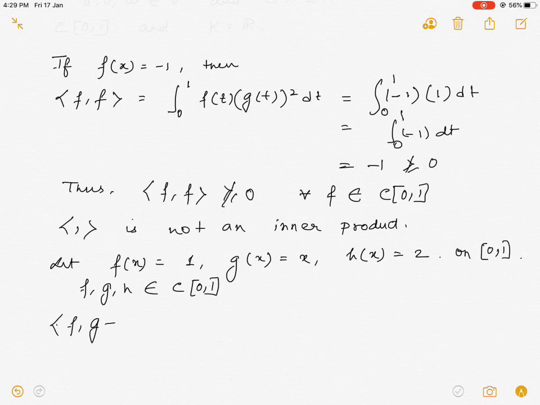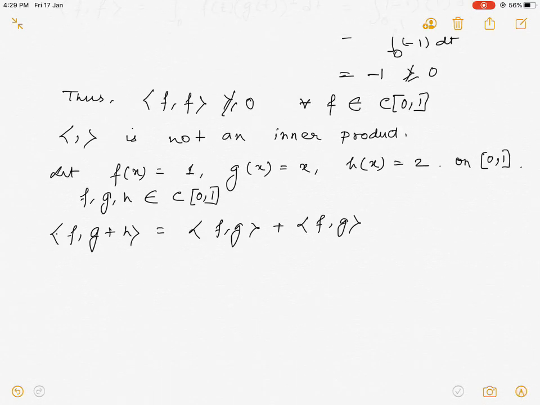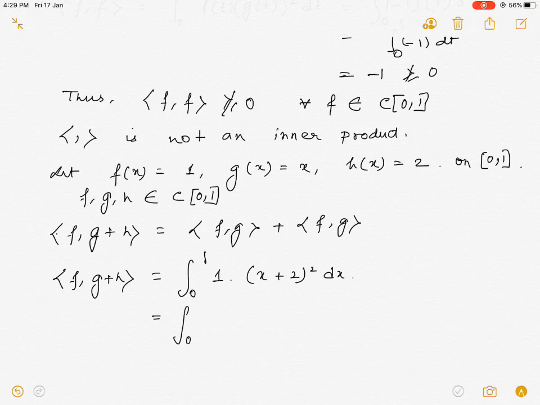Now we will see that <f,g+h> is the integral from 0 to 1 of f times (g+h)², where f is 1, g is x, h is 2, so (x+2)² dx, which is x² plus 4x plus 4 dx.